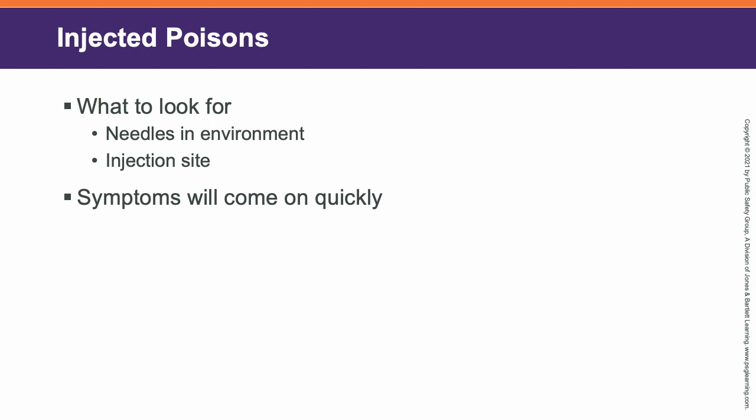With injected poisons, like I mentioned, these tend to be the most severe because the symptoms come on very quickly. The substance gets into the bloodstream almost immediately, whereas with swallowed or ingested poisons, it has to go through the digestive system to get absorbed. These go directly into the bloodstream, so they tend to have a fairly immediate effect.